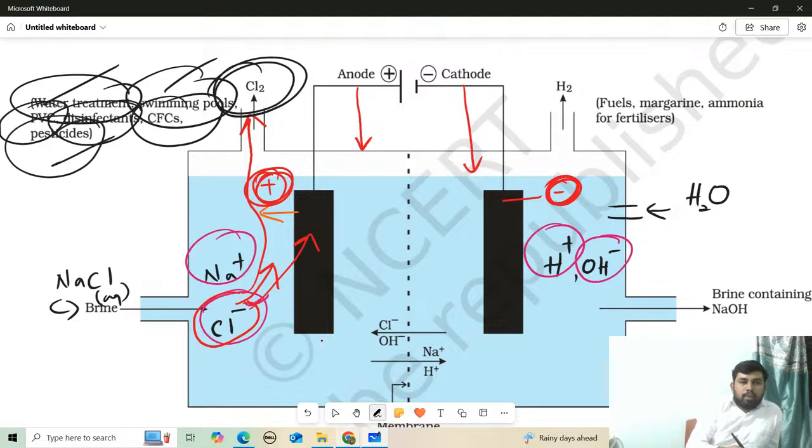Just remember, they can ask the question: the gas X is liberated near the anode, which is used in the manufacturing of chlorofluorocarbon. Find X, they will ask.